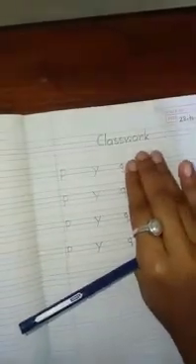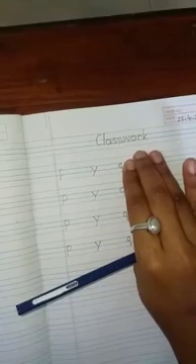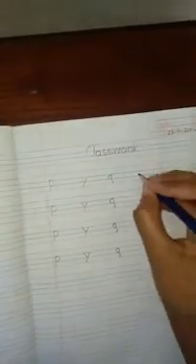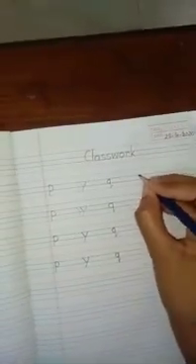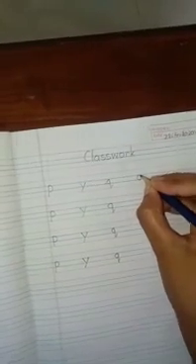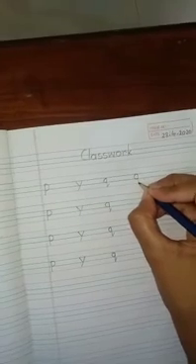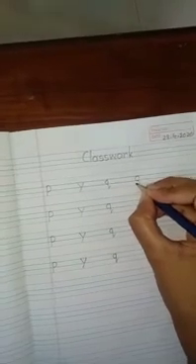Let us go back to the second line. Put a 3-finger gap after Q, and then we will write the next letter G. We will write the letter C, go up to the upper blue line, come down below like this, and a curve backwards.